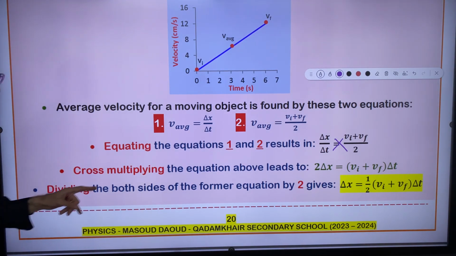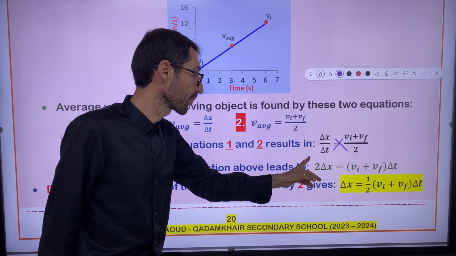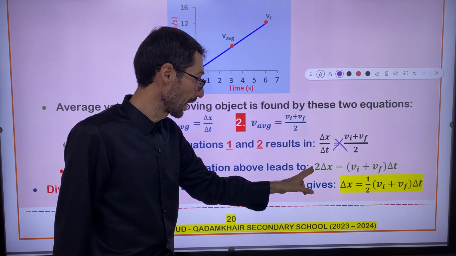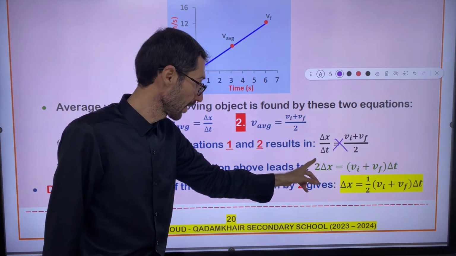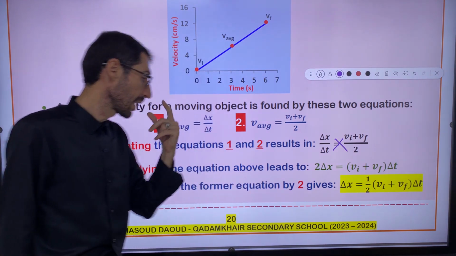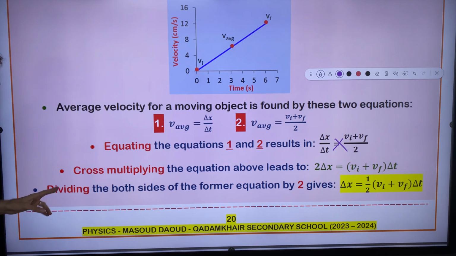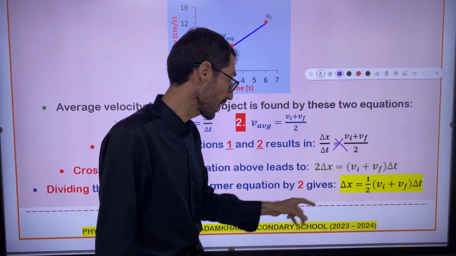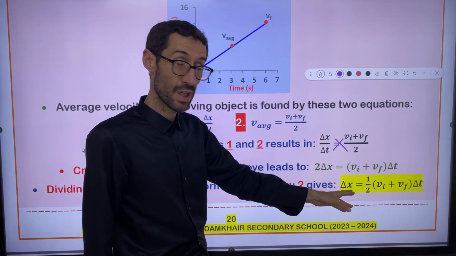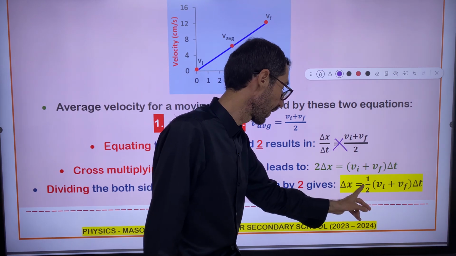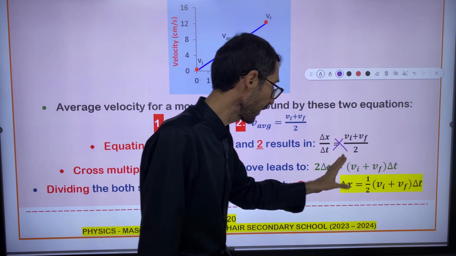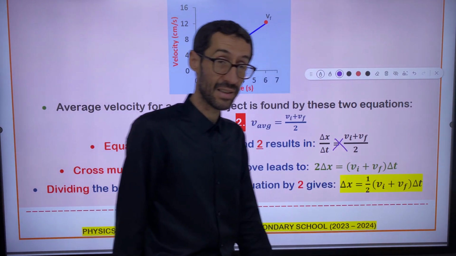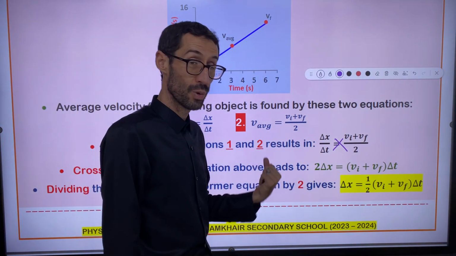Then you have to divide both sides of the equation by 2, canceling the 2 from the left side. It gives us this equation: delta x is equal to 1 half, Vi plus Vf within the bracket, multiplied by delta t. This is the first rule.